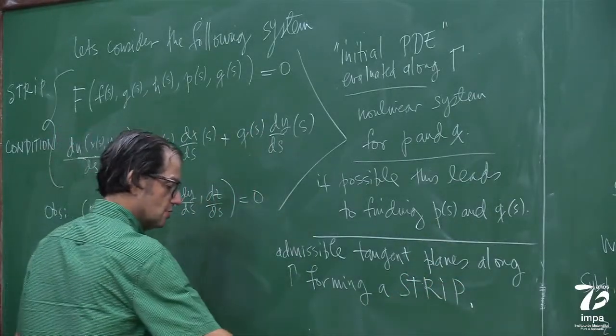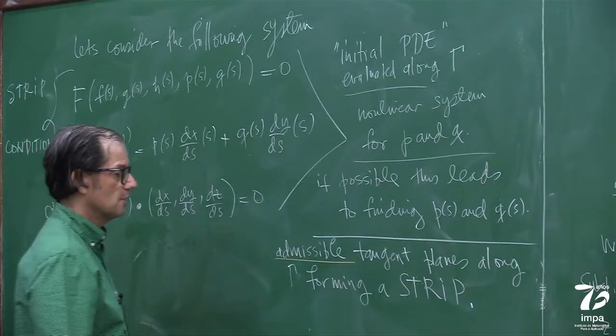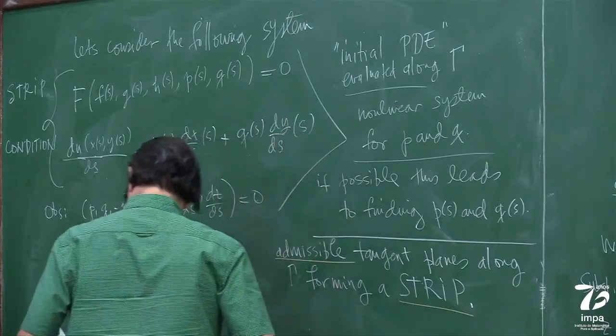So the two good words here are admissible tangent planes forming a strip.